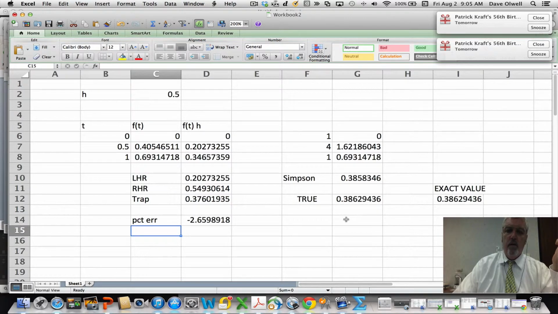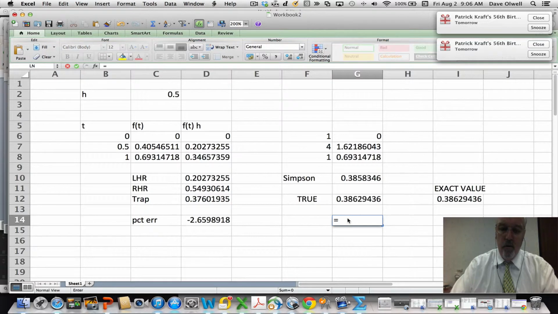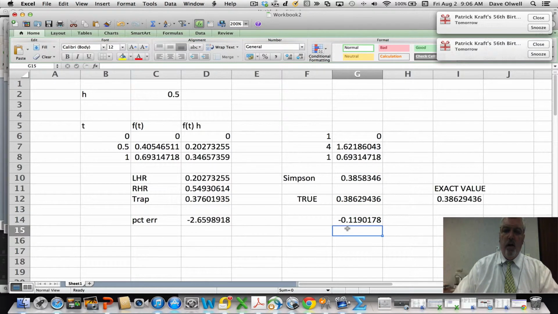For Simpson's, it's equal to Simpson's rule minus the true value, divided by the true value, times 100, and that gives me a 0.1% error. Okay, not very bad, especially for simple things here. I can do much better.